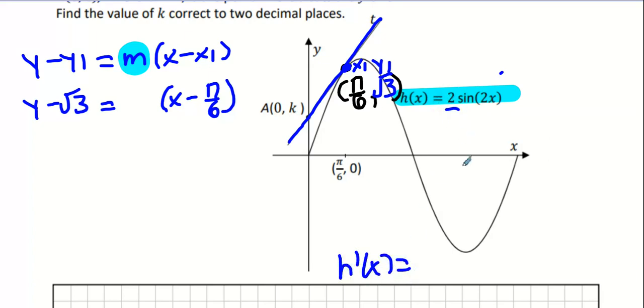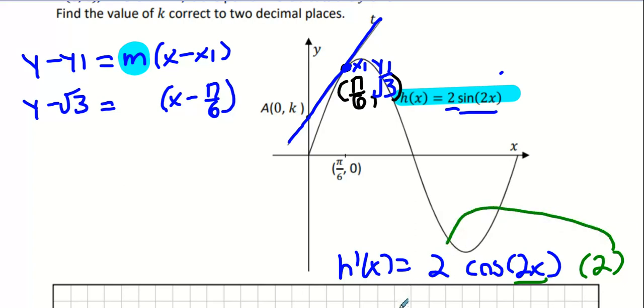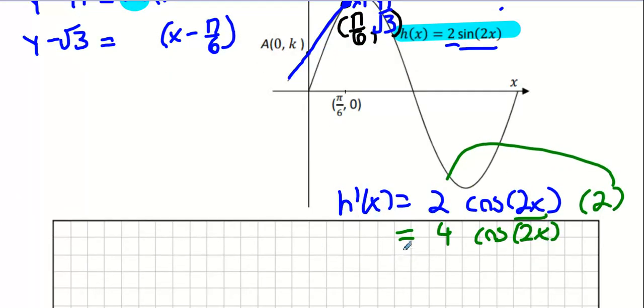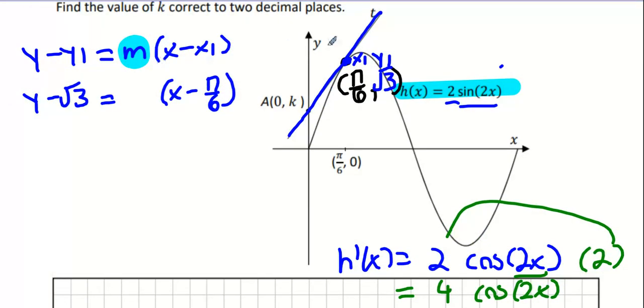This 2 goes straight through. Sine turns directly into cos. Have to differentiate the angle, which is another 2. 2 times 2 is 4. It's 4 cos 2x.